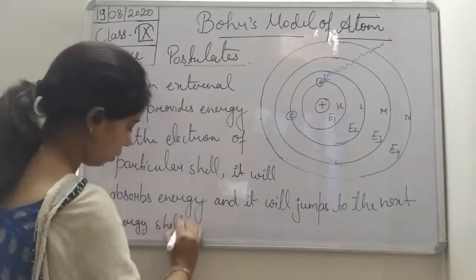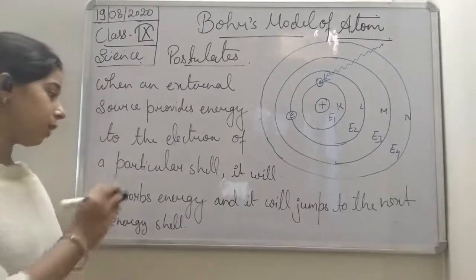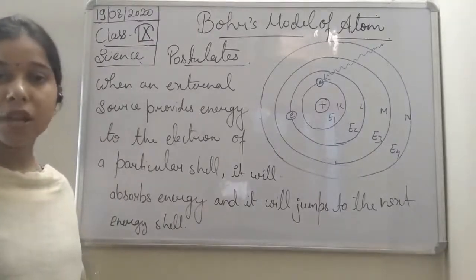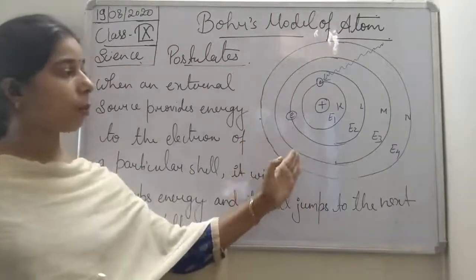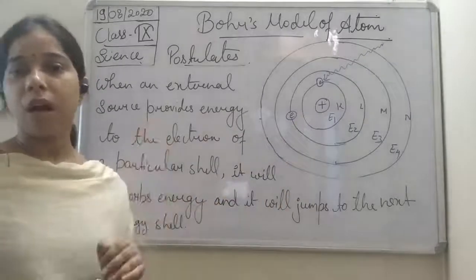So when an external source provides energy to the electron of a particular shell, it will absorb that energy, and finally what will happen? After absorbing, the energy got increased and it will jump from one shell to the other shell.